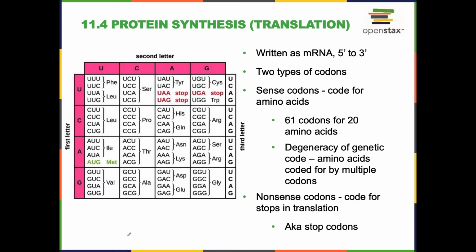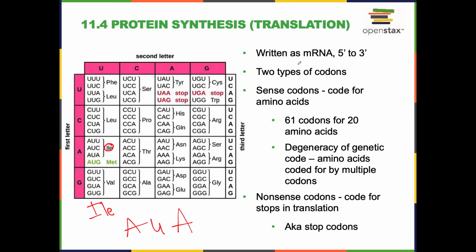So if you have something like A, U, A, that's our first letter A, second letter U, and then third letter A. There's AUA, and that's the amino acid that it codes for. That's a capital I, by the way, Ile. Okay?